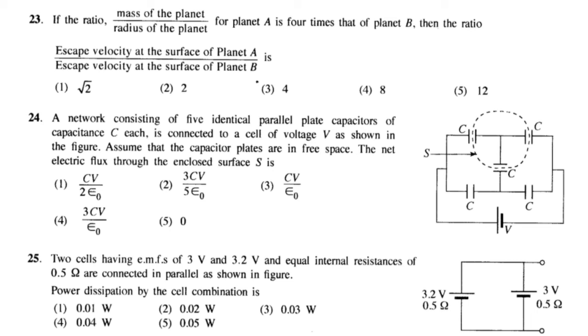Gravitational potential energy is given by capital G, capital M, small m over r. Capital G is the gravitational constant, capital M the mass of the planet, small m the mass of the object, and small r is the radius of the planet. So half mv squared equals capital G, capital M, small m over r. Then by that we can get v squared equal 2G capital M over r.